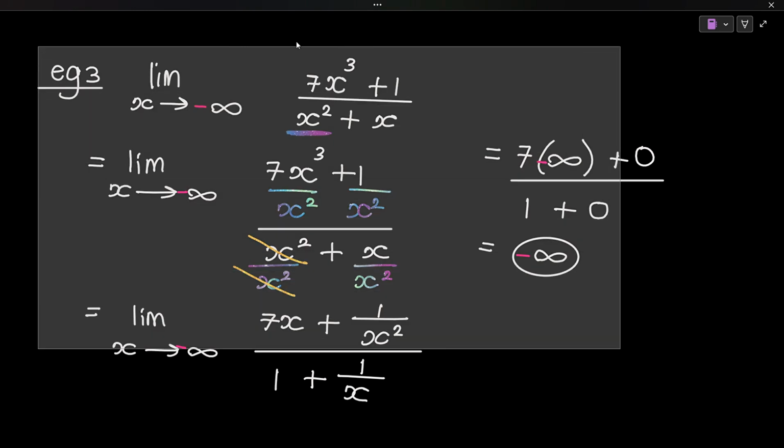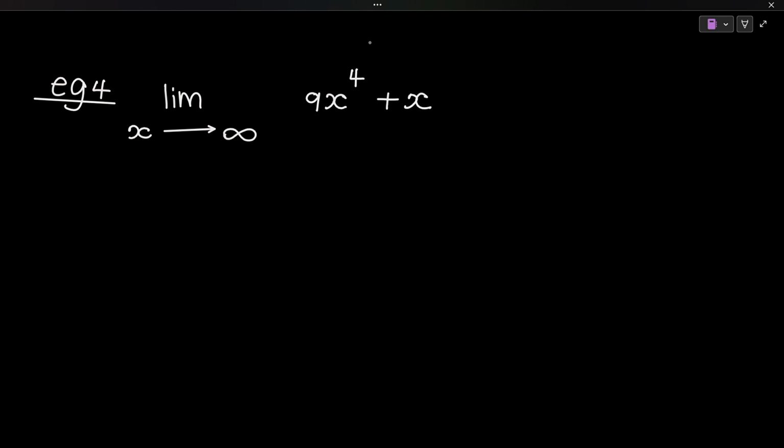Okay, let's look at example 4. For example 4, we have the limit as x approaches positive infinity, and the function is 9x to the power 4 plus x all over 2x to the power 4 plus 5x to the power 2 minus x plus 6.